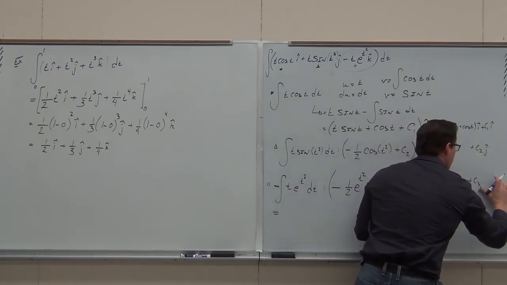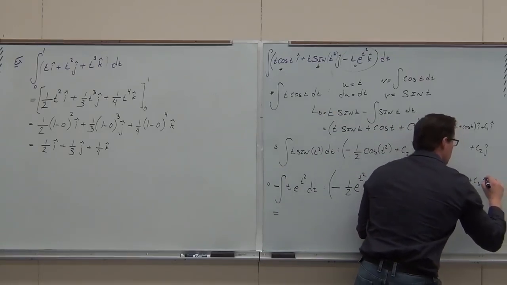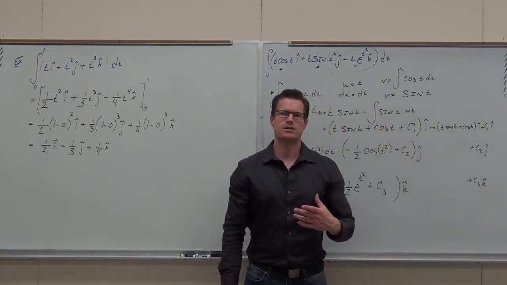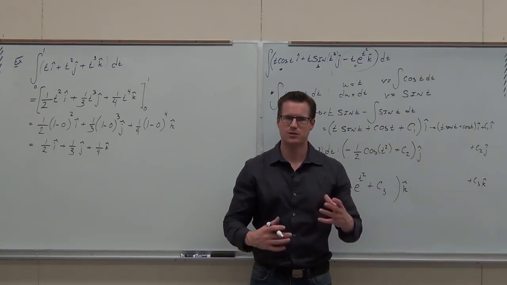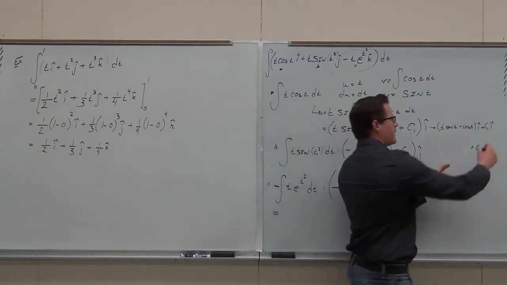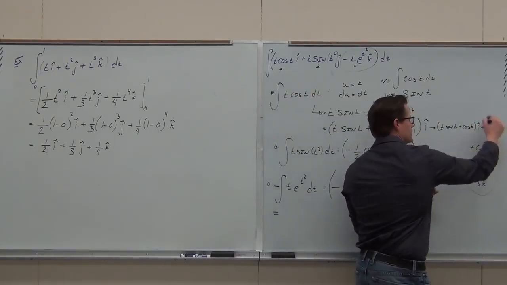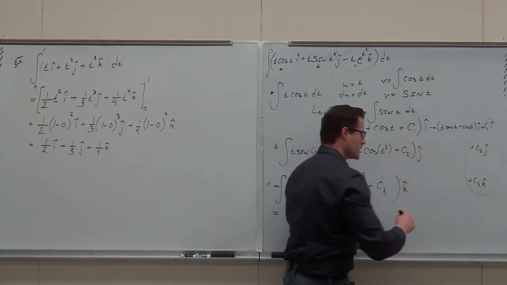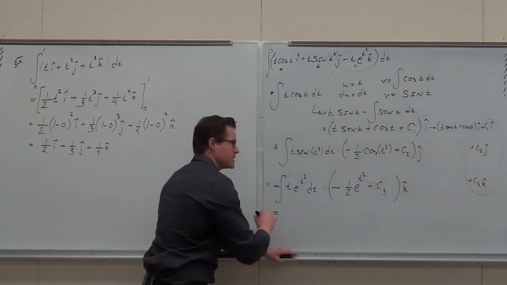Okay. Now here's the deal. The only reason I'm doing it is to prove it to you one time. If I combine these three things, what I'm going to get at the very end of this is this.